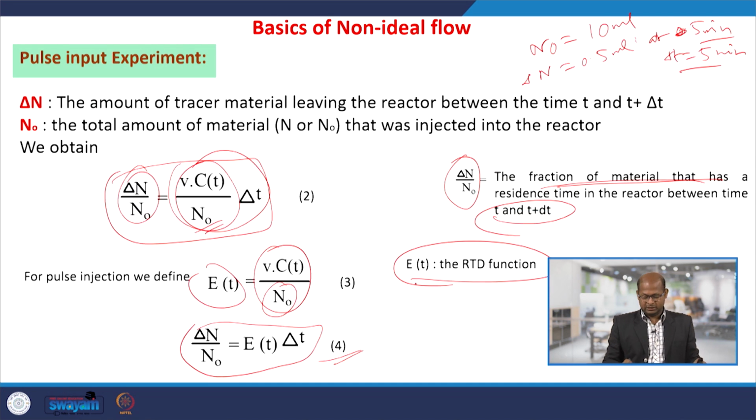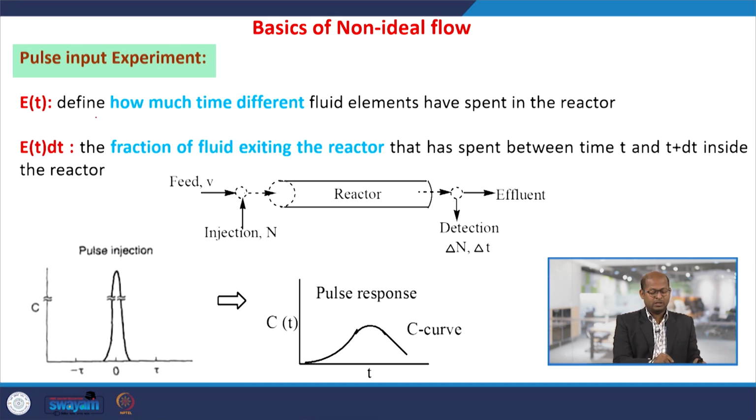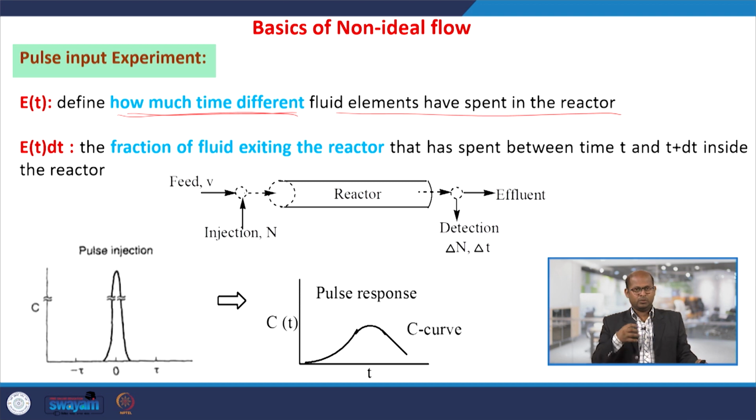Here E(t) is the residence time distribution function. It tells how much time different fluid elements have spent inside the reactor. What does it signify? We have 10 ml injected. If all molecules spend equal time, that is very good.